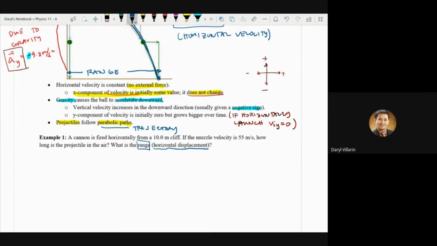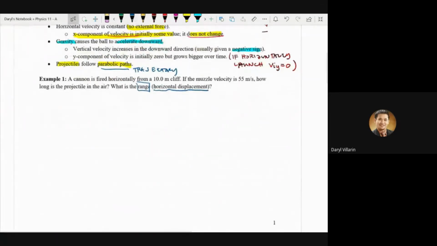Okay. So for any kinematics problem that we have, it's always good to start your solution with a drawing or a figure. Okay, your drawing is not necessarily that beautiful, but at least you are able to interpret your drawing.